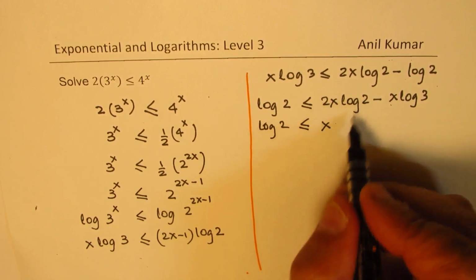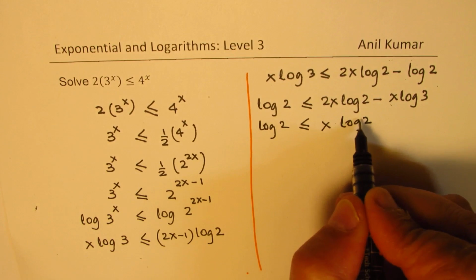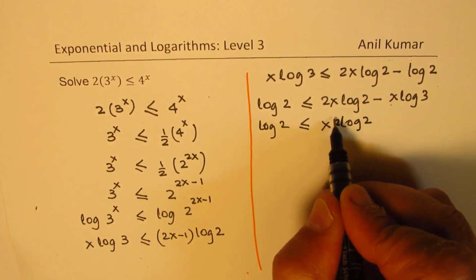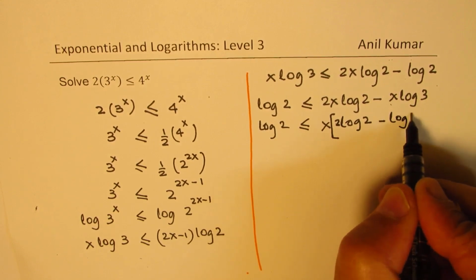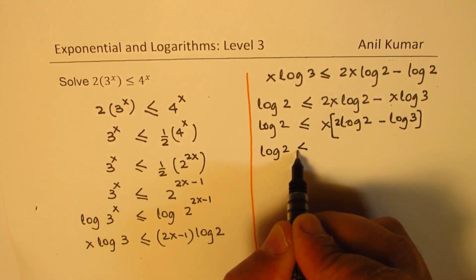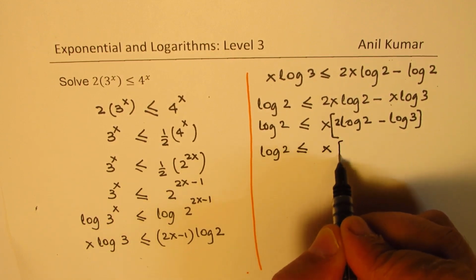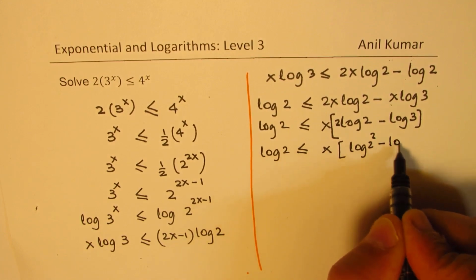Now here we could write this as log 2. Let me do it in 2 steps. So we get 2 here, right? Minus log of 3. Okay. So we have log 2 is less than or equal to x times (log of 2 squared minus log of 3).